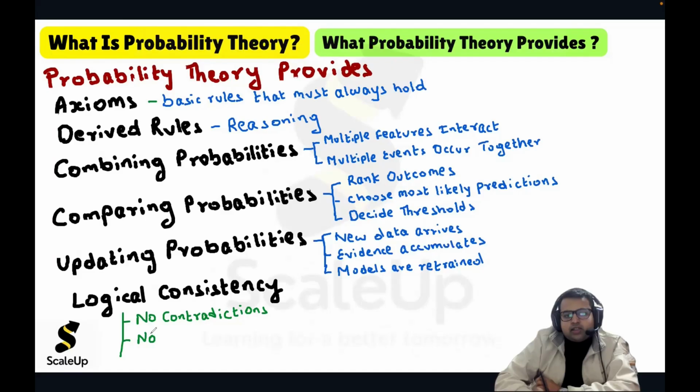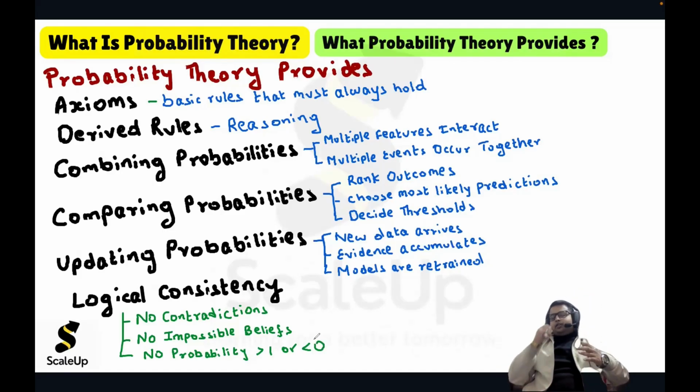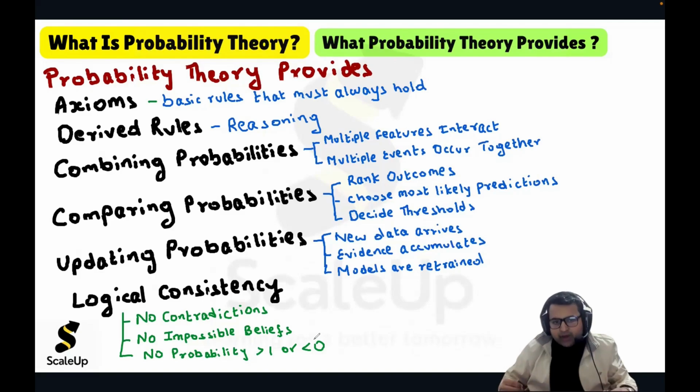Logical consistency ensures there are no impossible beliefs, and that no probability is greater than 1 or less than 0. Very important.